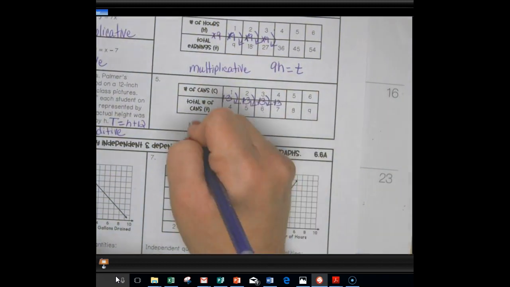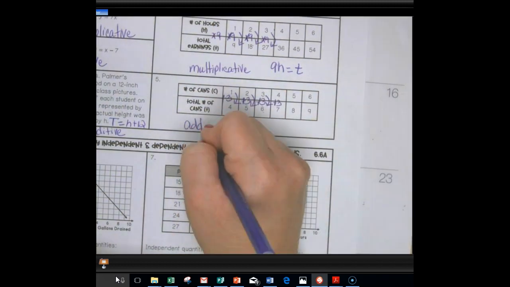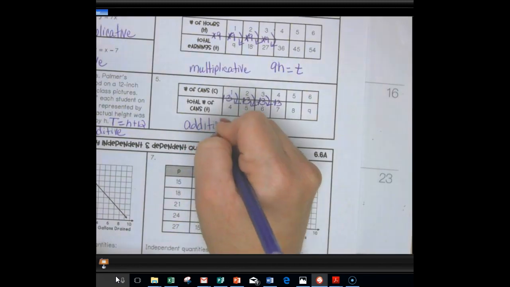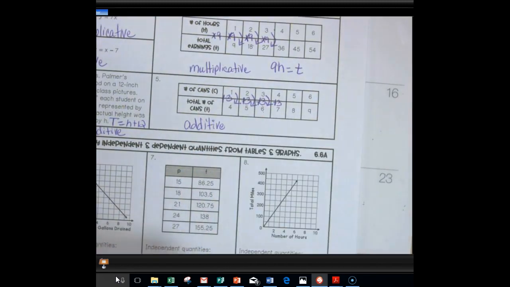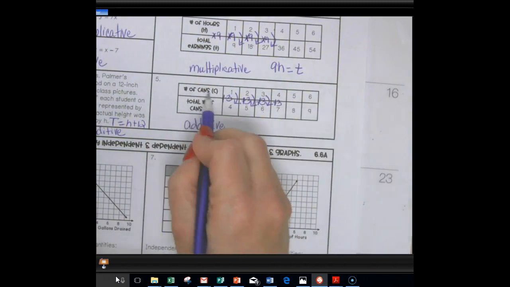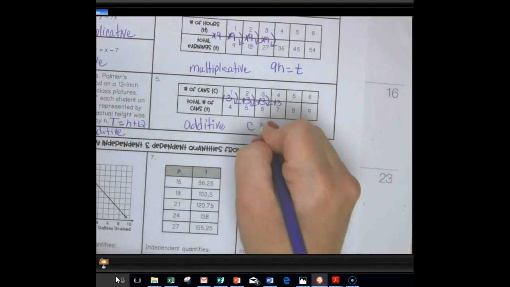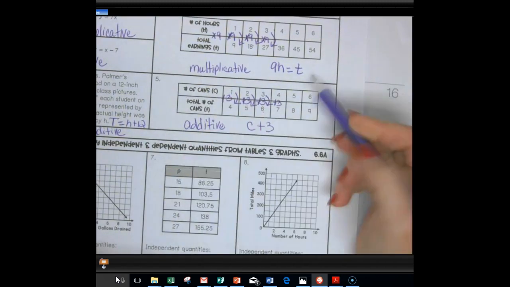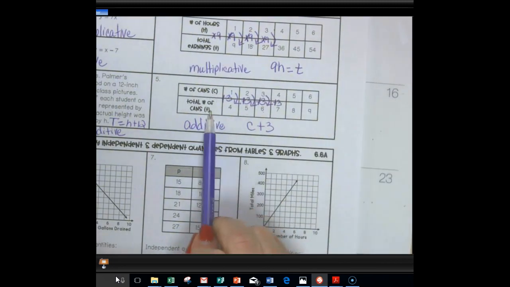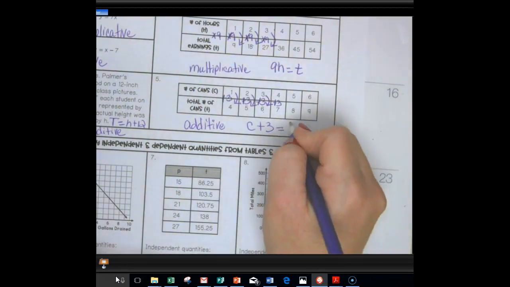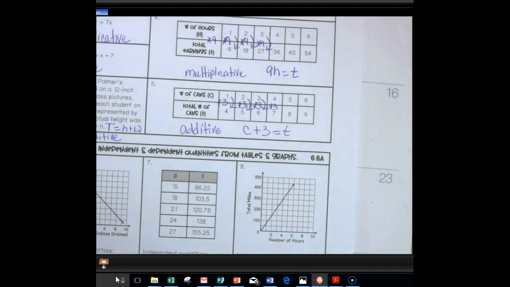So this is additive. The equation will be C plus 3, because I'm adding 3 to C to get the total.